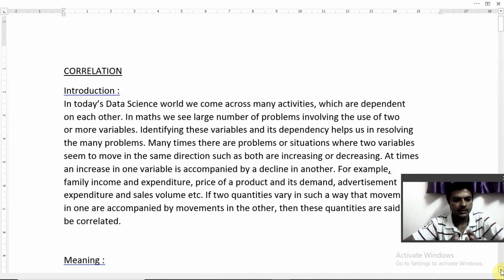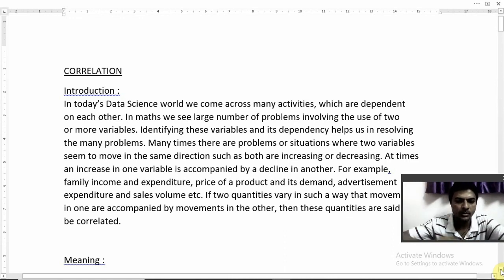At times, an increase in one variable is accompanied by a decline in the other. For example, you study up to 10th and complete it, then you go to PUC or diploma and complete that, and then you study for a degree. So one will stop and decline, and then it goes to the next one, and again you have to increase.